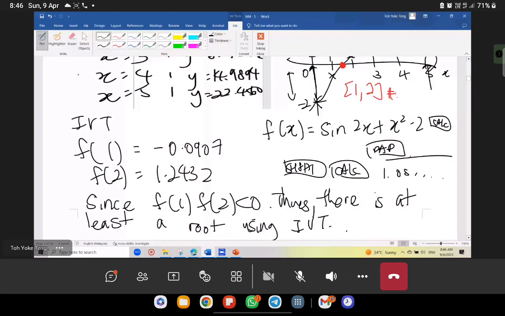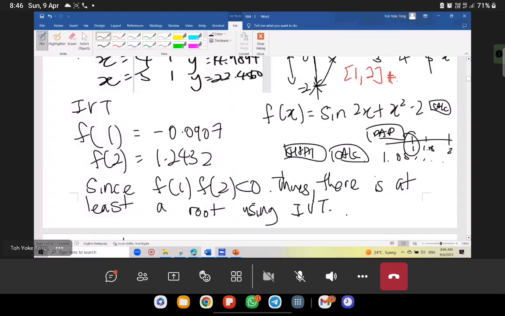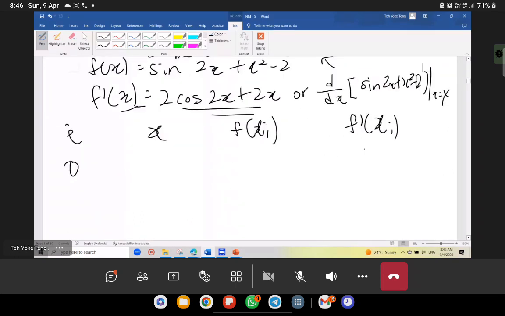You know that it is nearest to 1 as compared to 2. That is why we choose x equals 1 as the initial guess. Again, if you want to use x equals 2, it is also acceptable.